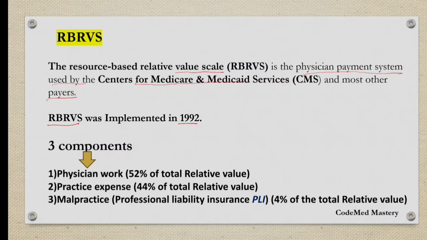There are three components of RBRVS, that is physician work, that is 52% of the total RVU, total relative value unit, and practice expense, that is 44% of the total relative value, malpractice, that is professional liability insurance PLI, which includes 4% of the total relative value.